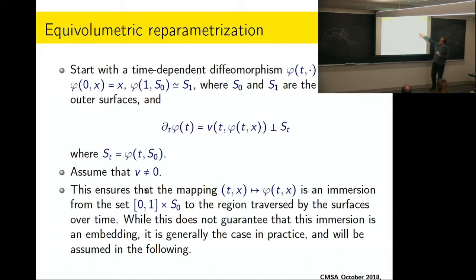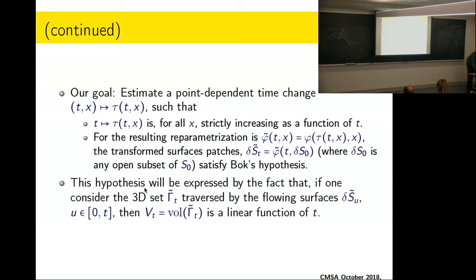So we have this coordinate system, phi here, and it has nice properties, but not necessarily satisfying the equivolumetric hypothesis. So what we are going to do is change the speed at which we travel along each period line.